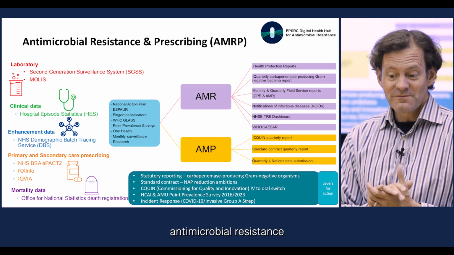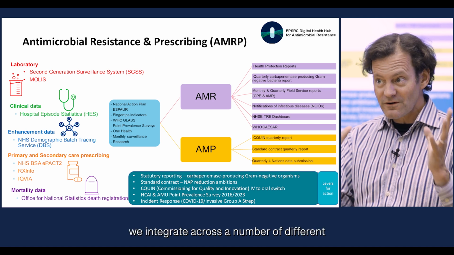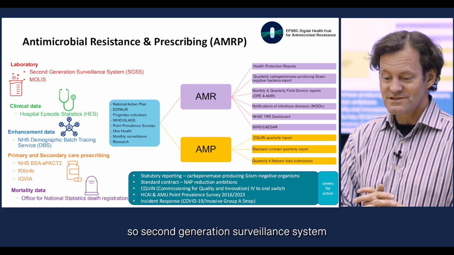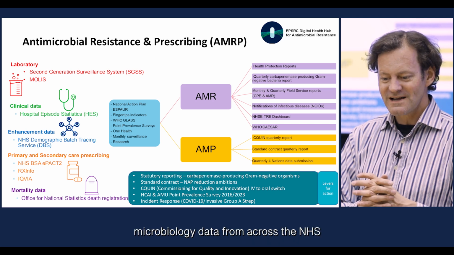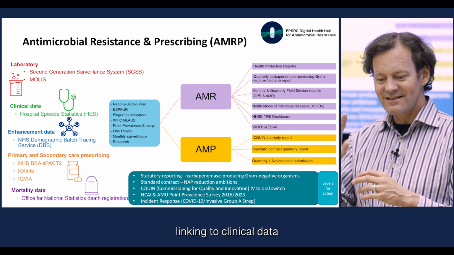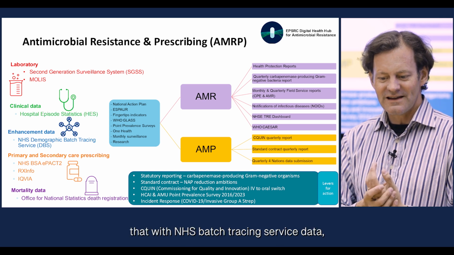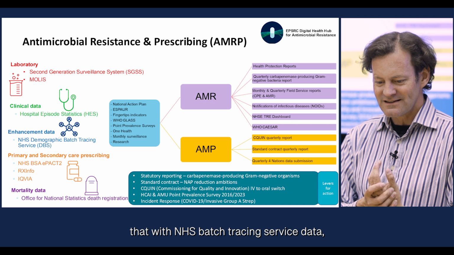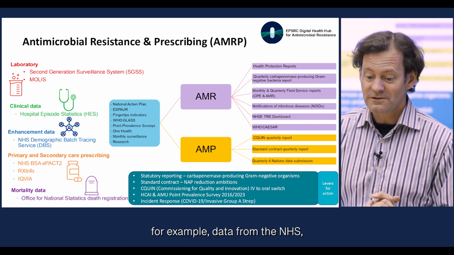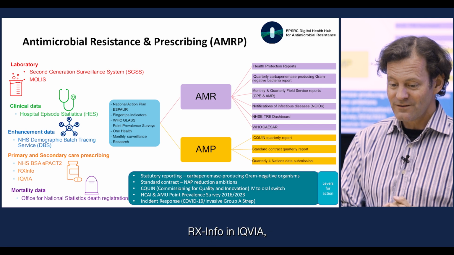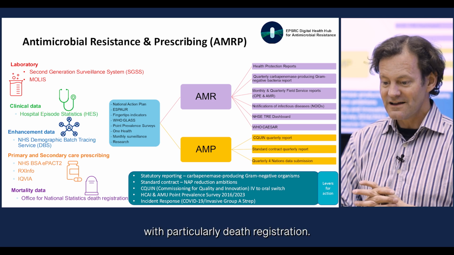Looking at the work of our antimicrobial resistance and prescribing team, we integrate across a number of different data sources. The Second Generation Surveillance System pulls positive microbiology data from across the NHS, linking to clinical data from Hospital Episode Statistics, enhancing that with NHS Spine Batch Tracing Service data, looking at primary and secondary care prescribing, for example, data from the NHS, RxInfo and IQVIA, and then linking that to mortality data, particularly death registration.